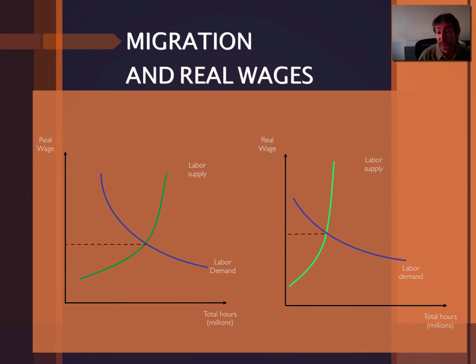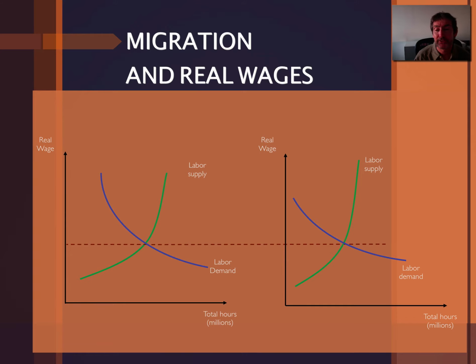These workers, of course, would be going somewhere. They would be going to the high-wage economy, attracted by those high wages. That would cause labor supply to move out in that economy, and the real wage would fall. And if labor was completely free to move, and if all workers cared about was the level of their wage, then this process would continue until wages were perfectly equalized.